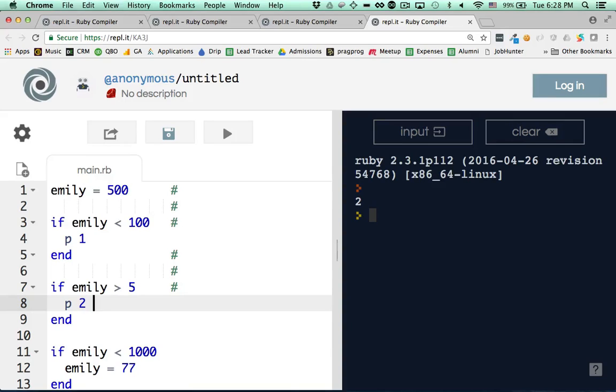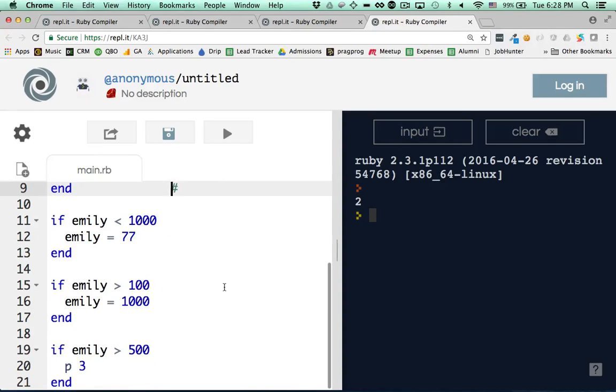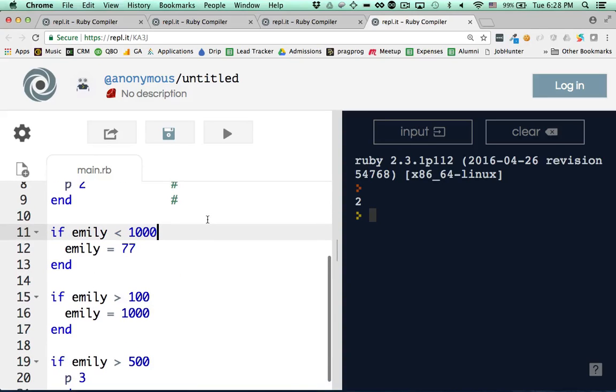It is. So we process line 8, and we print 2 to the terminal, which is why we see the 2 over there. So the computer hits that line. It processes line 9, which concludes that conditional. If Emily is less than 1,000, is Emily less than 1,000? It is, because Emily is 500. So it processes that line.